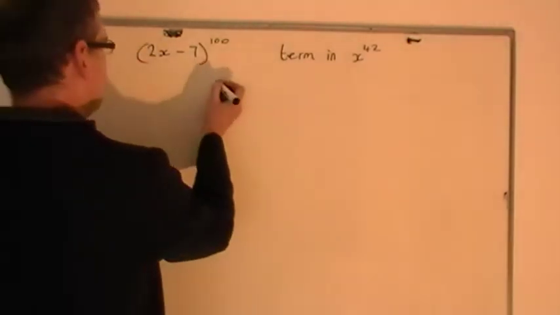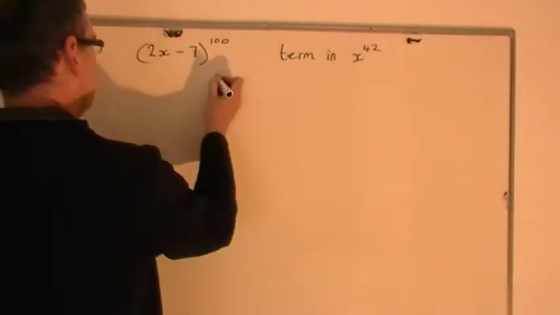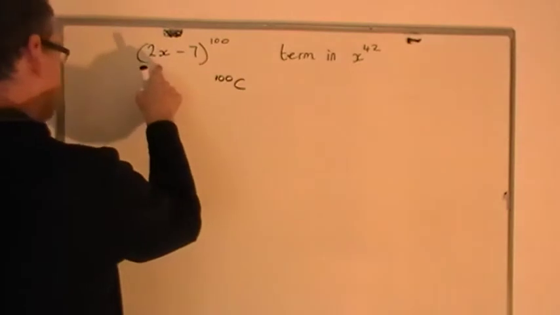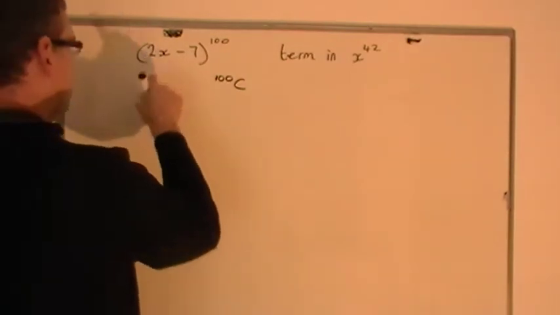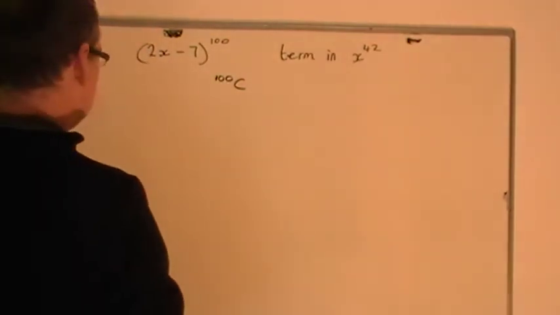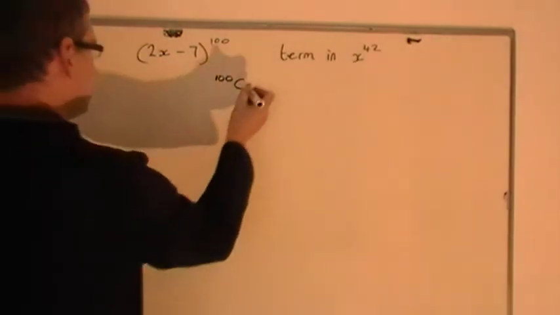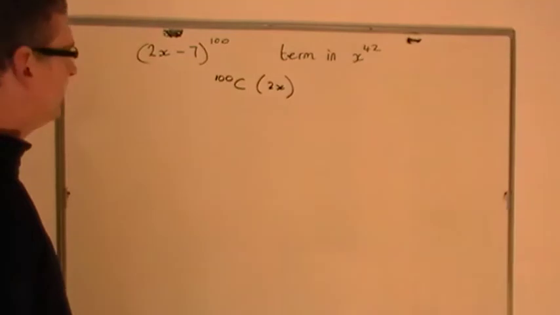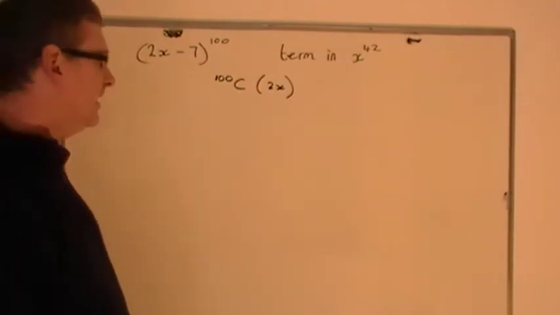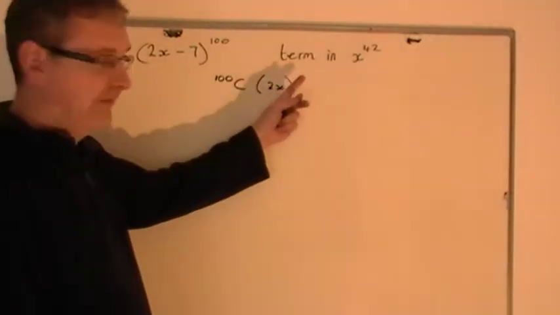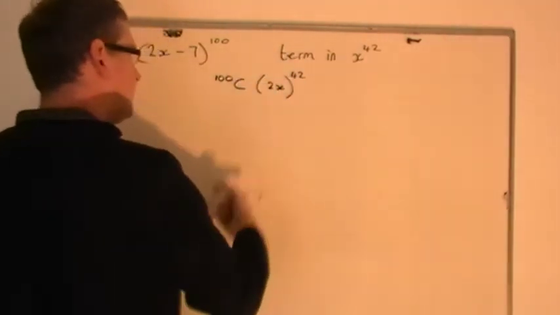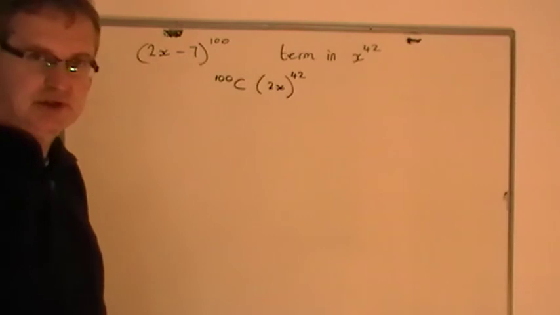So the term in x to the 42 will be 100 choose something. The first term here is going to be 2x to some power. Now, if you want x to be power 42, that's going to have to be to the power 42.